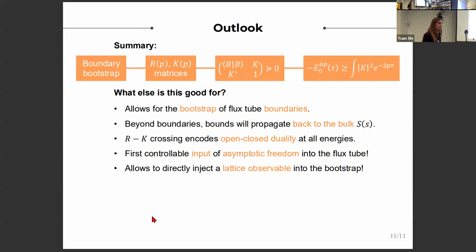And the very last point before Sylvia kills me is that this opens up many possibilities, and one very interesting game that could be played is to input the left-hand side values here from the lattice. So why is this significant? Well, because this is an observable that can be measured directly on the lattice.